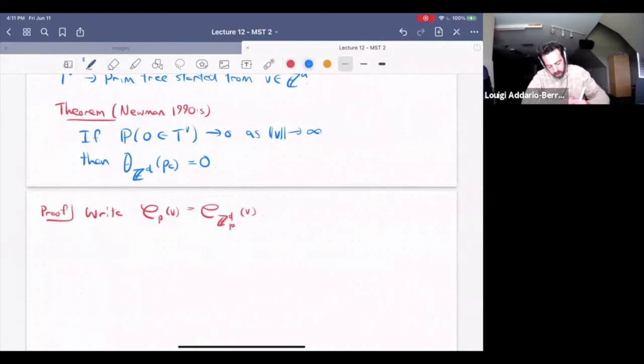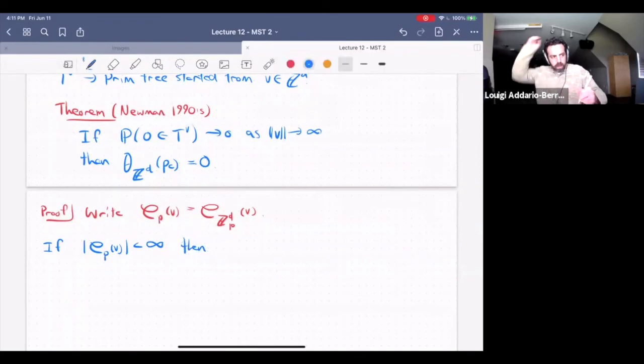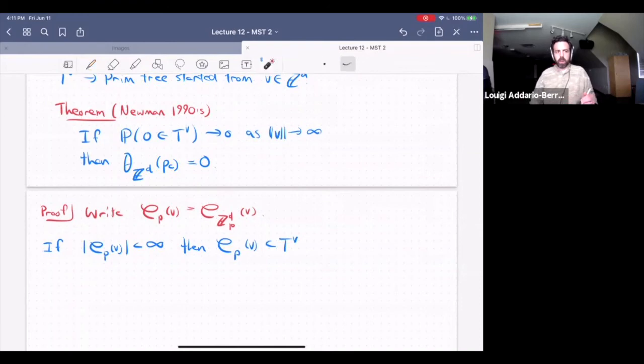Okay, and now here's just a simple fact about Prim's algorithm. If the component containing vertex v is finite, then the whole component is contained in the Prim tree T_v. And that's because Prim's algorithm will only explore an edge of weight greater than p if it has no options for edges of weight at most p.